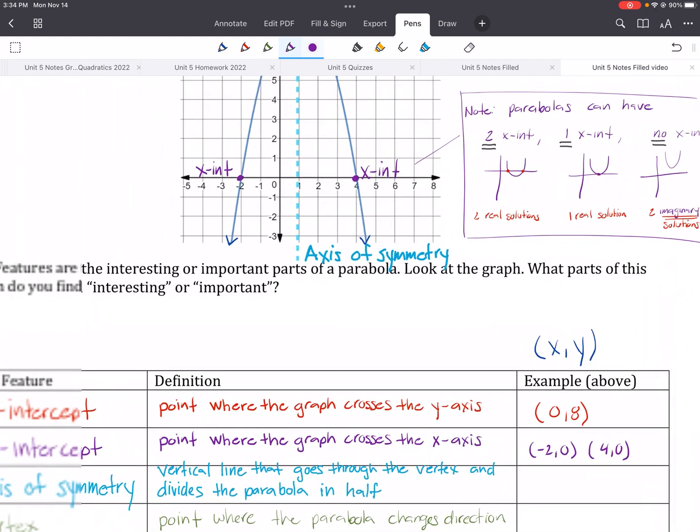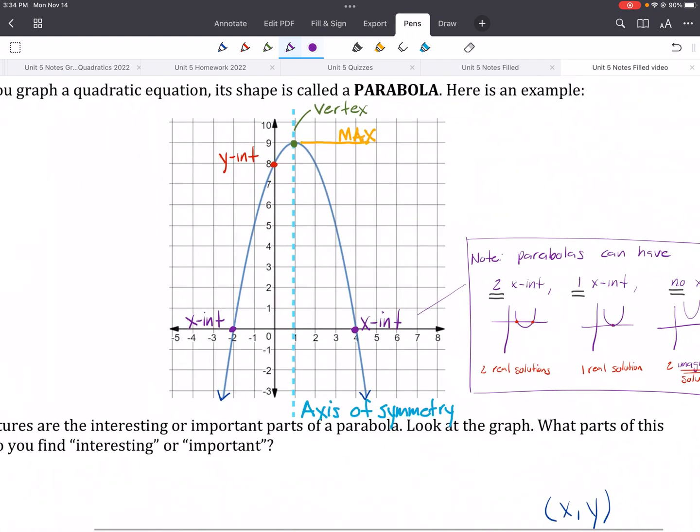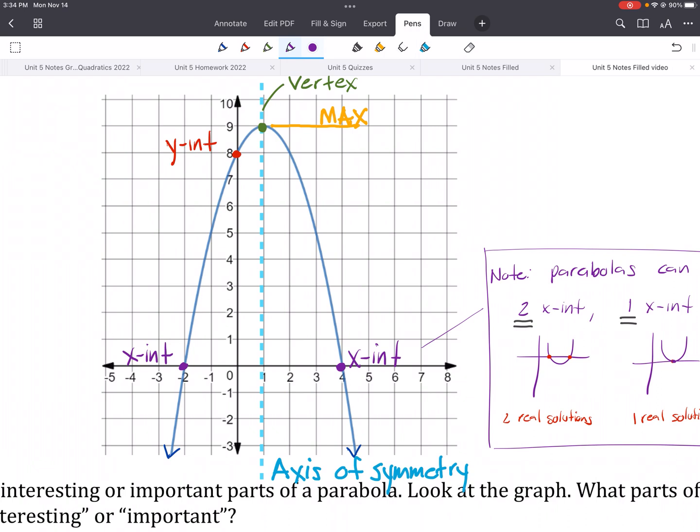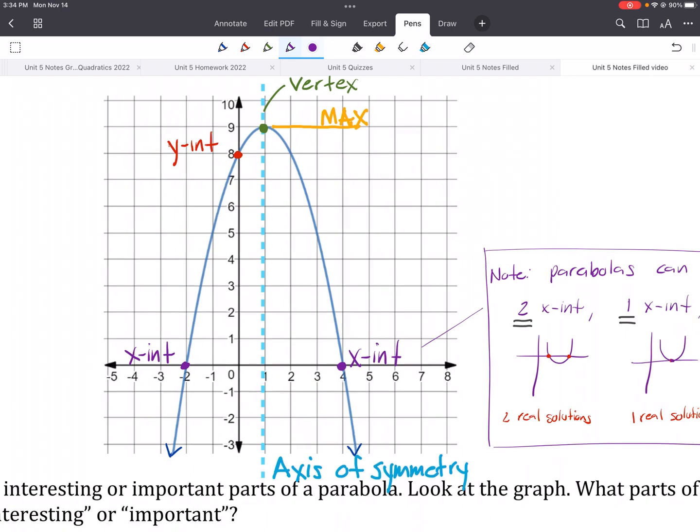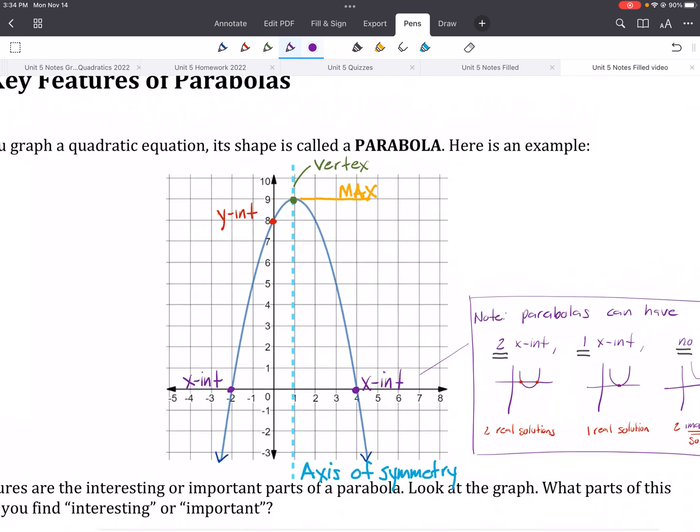Next is called the axis of symmetry. It's this vertical dotted line. If you were to fold the parabola over that line, it would line up with the other side perfectly. It's symmetric. How we write that, I think I actually erased it, it was up here. So this vertical line is our axis of symmetry.